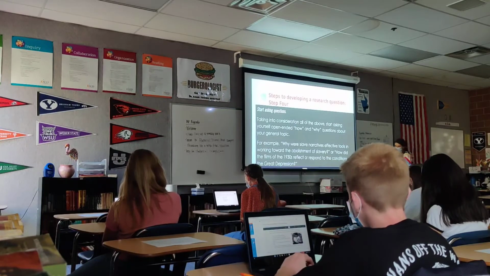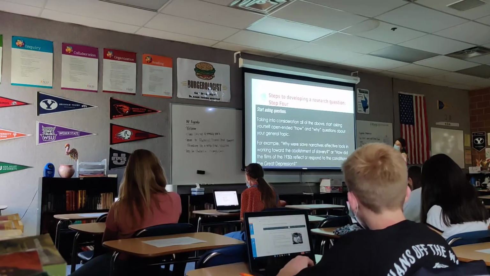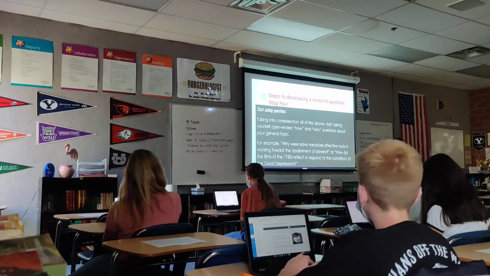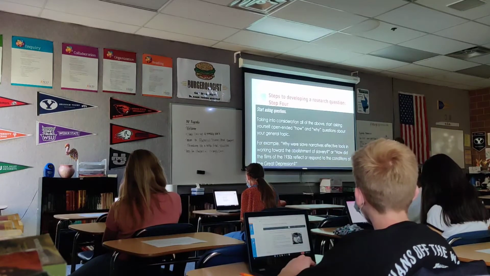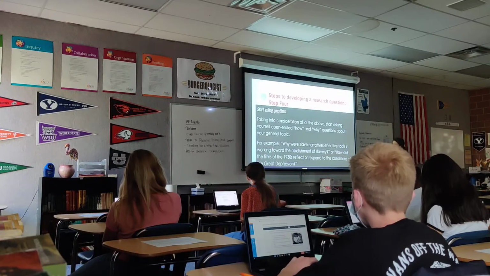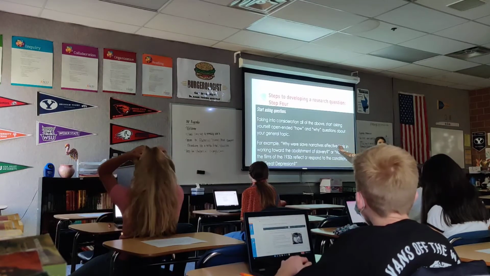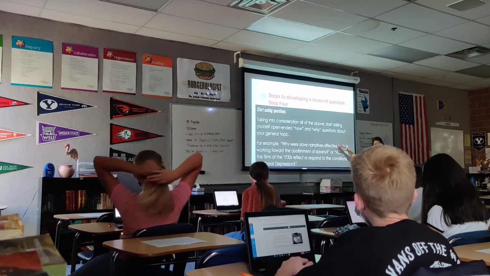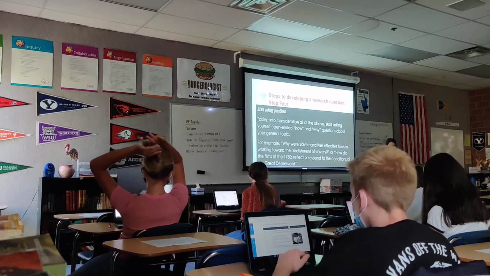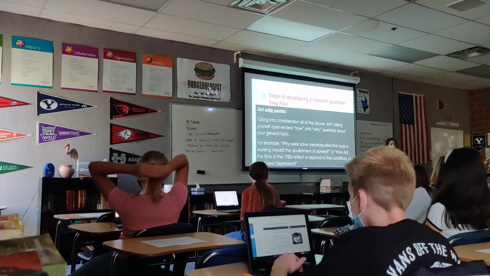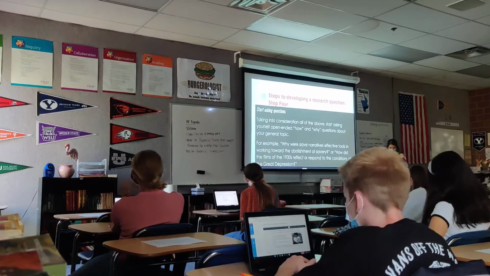So for example, why were slave narratives effective tools in working towards the abolishment of slavery? So you're asking some of these initial questions, and eventually you'll get one that you're like, okay, that one I could write a whole essay about. So you want to start just asking some questions and pick the one you like the best, right? There could be multiple questions.